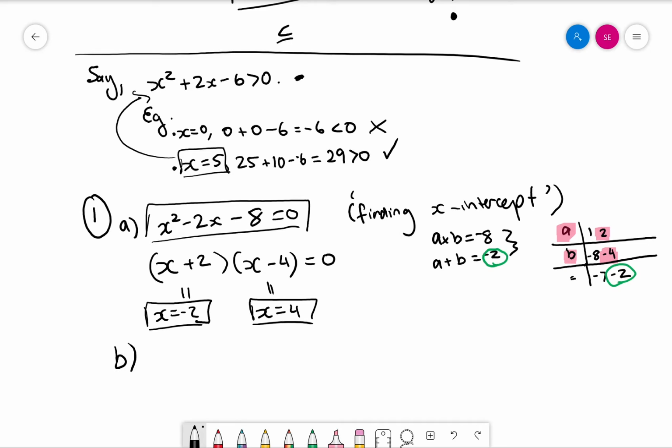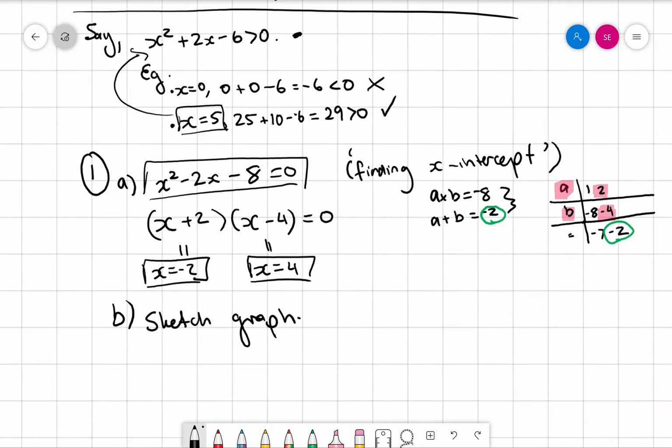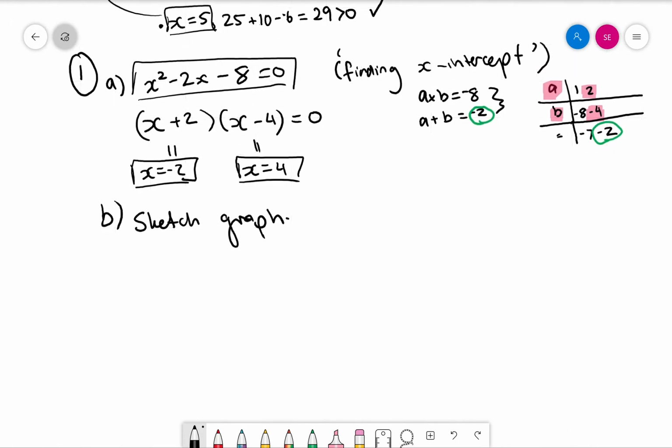Question B is we want to sketch the graph. Again, this is stuff that we did in our last exercise, but let's give it a sketch. So we've got our y, we've got our x.